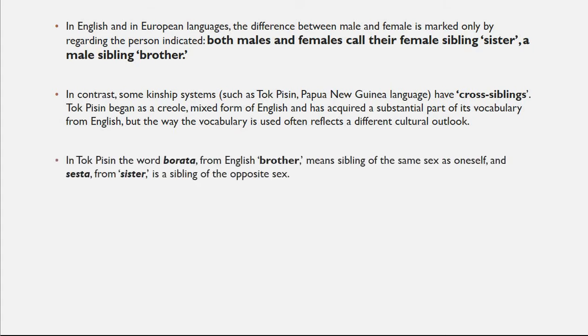In Tok Pisin, the word borata, like the English word brother, means siblings of the same sex as oneself, as the speaker. If a girl, for example, is talking about her sister, in this language she calls her borata, not sister. And sesta, the different form of sister, is a sibling of the opposite sex.